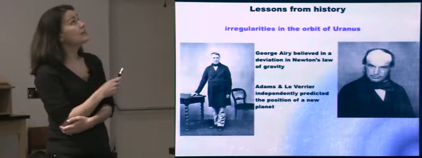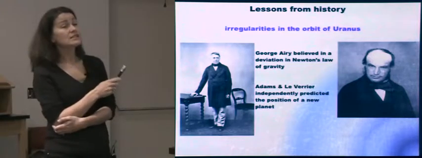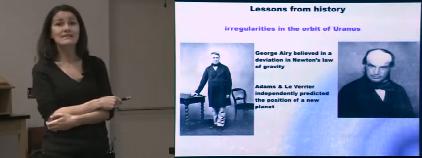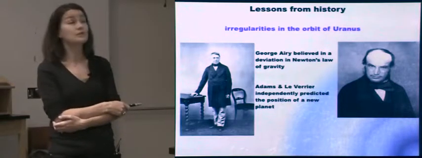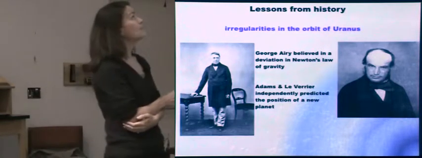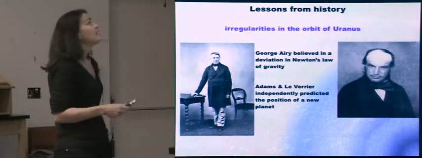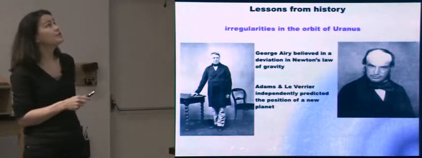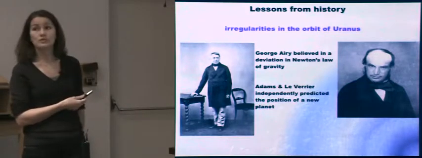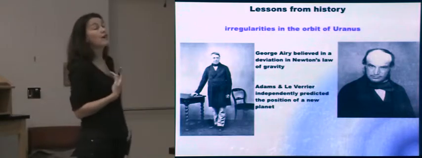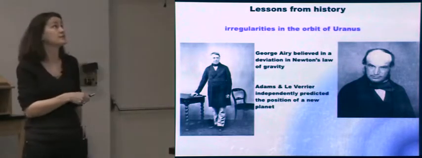And they were using Newton's equations of motion to predict the orbit of Uranus. And they noticed irregularities in this orbit which really deviated from the laws according to Newton. And we had one astronomer called George Airy who believed that these irregularities in the orbit could be explained by a deviation in Newton's laws of gravity. So this is an example of someone who wanted to modify gravity in order to explain observations.